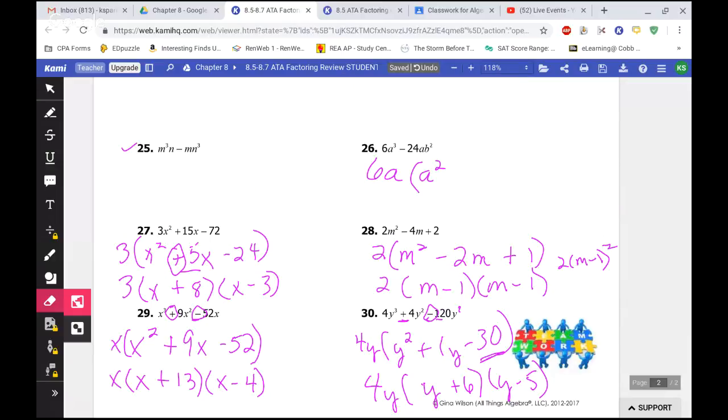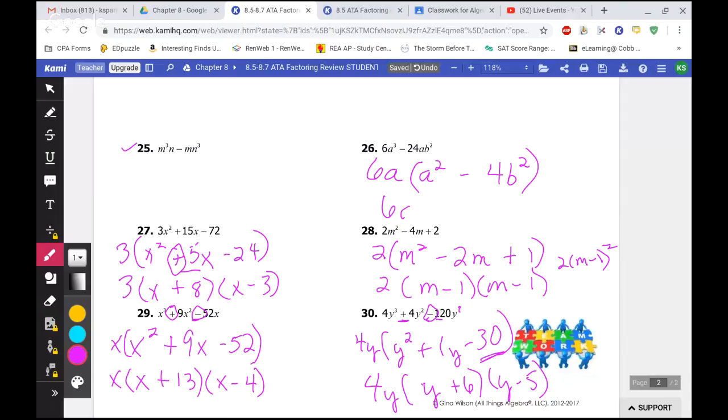And then if you take a 6A out of 24Ab squared, you're going to end with a 4b squared. And now I should be left with a difference of two perfect squares. A squared is a perfect square, and 4b squared is a perfect square.